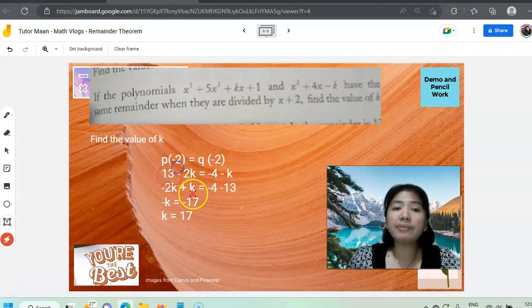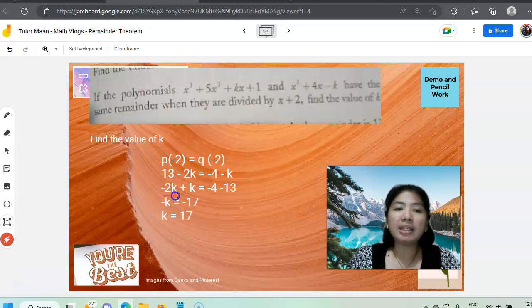And then transpose positive 13 from left to right. Then the sign of 13 will change from positive 13 to negative 13. That's what happens when we transpose a term from left to right or right to left. So the sign will change.